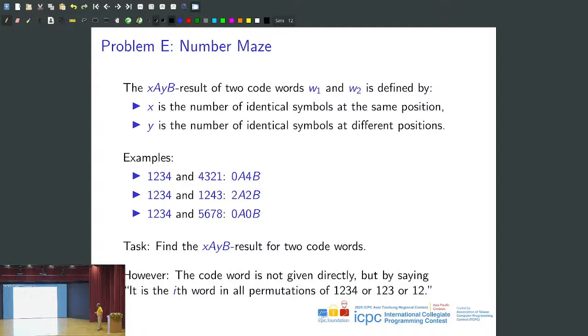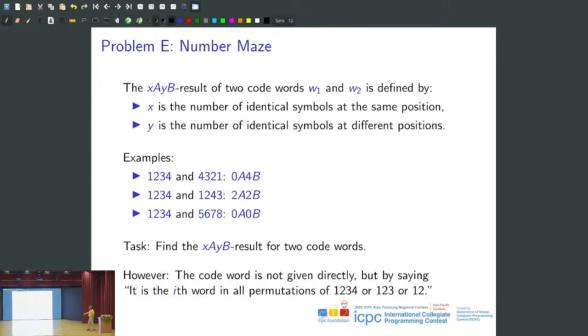A small catch was that you don't get these code words directly, but you're told it's a permutation of 1, 2, 3, 4, and you get the index of the permutation, which would be much harder if it were a permutation of many numbers, like 20 symbols. But here it's only 4, so you can just enumerate all the permutations and look it up.